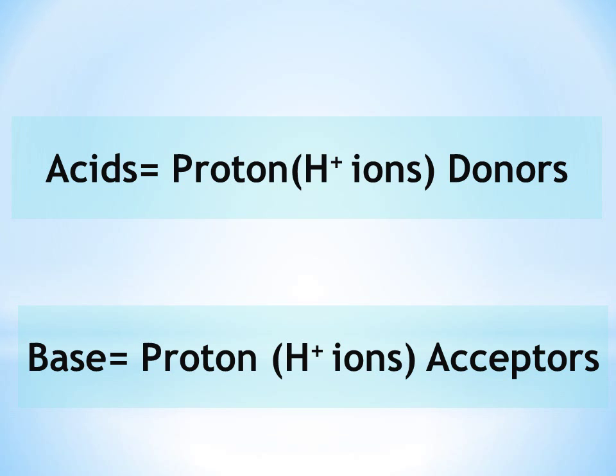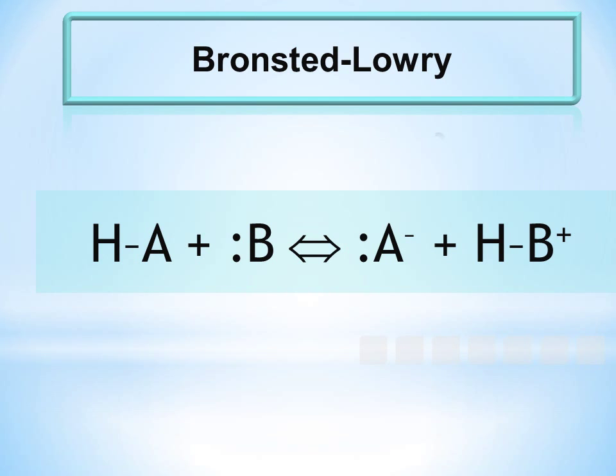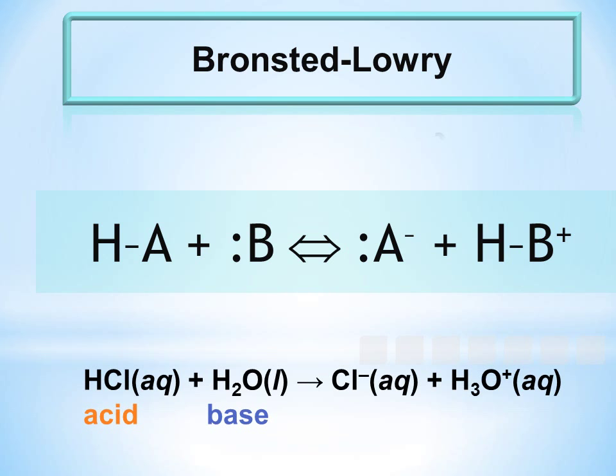So, according to this definition, when HCl or any acid is in solution, the HCl will donate a proton to water, and that would form the hydronium ion, H3O plus.